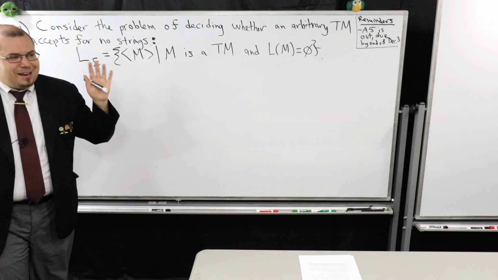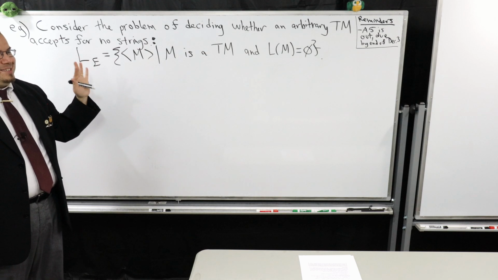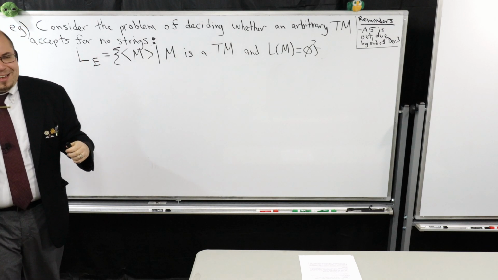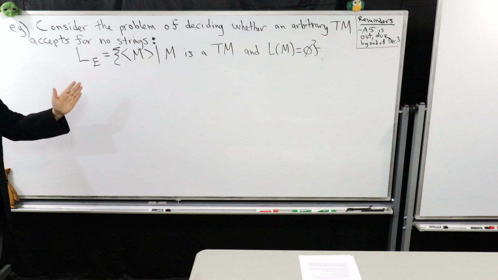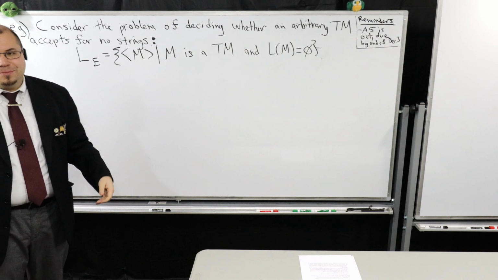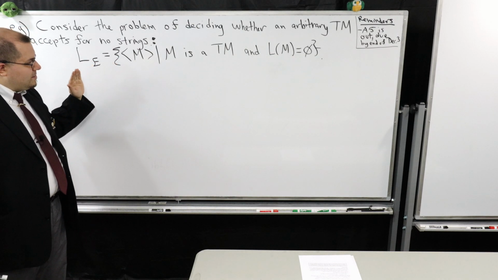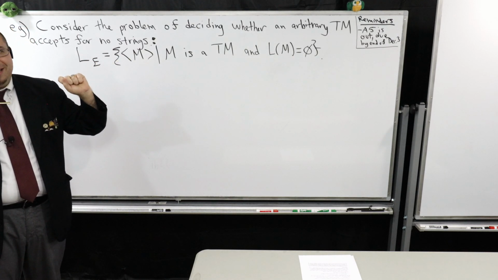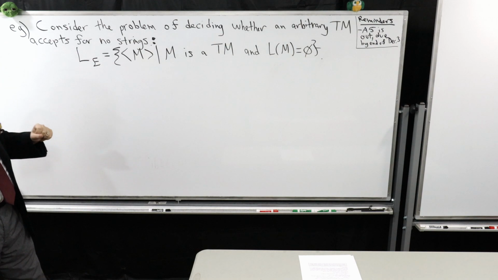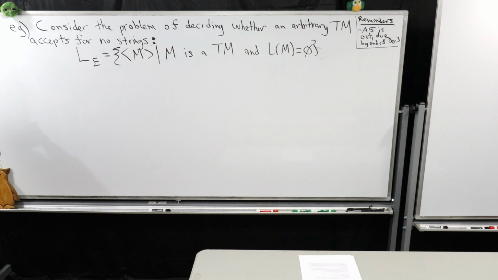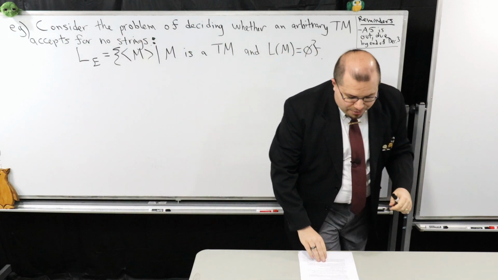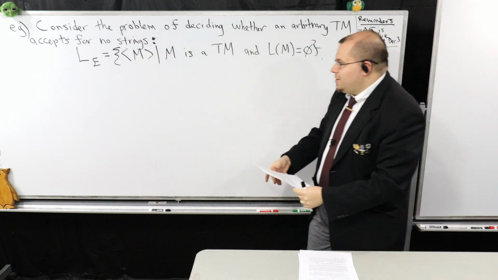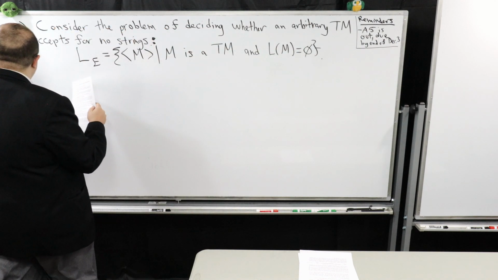I gave you that Turing machine that just doesn't accept anything. What I'm saying is that we're given an arbitrary Turing machine, and your job is to tell me if its language is empty or not. To be in this language means that the Turing machine's language is empty. So what I want to do is prove by a reduction that the following is the case. Here's the theorem.